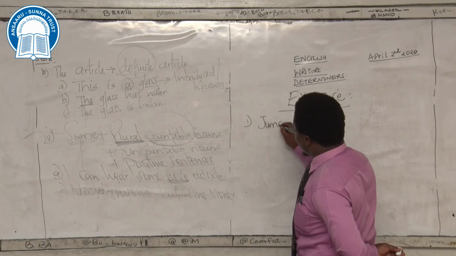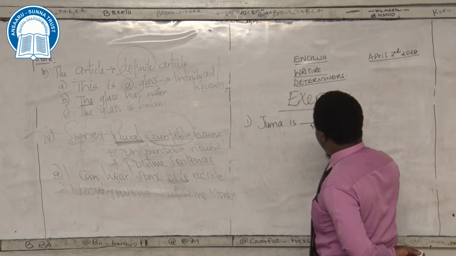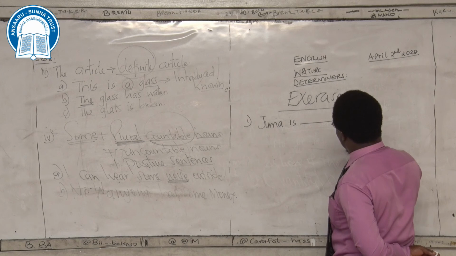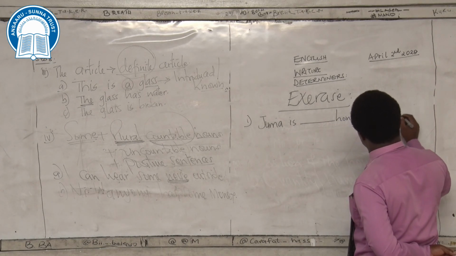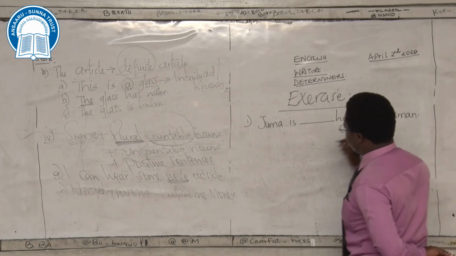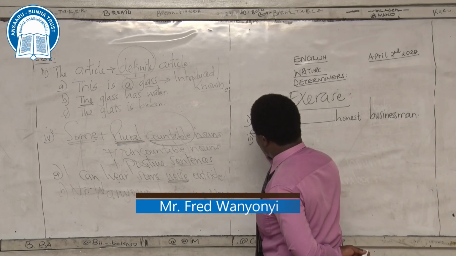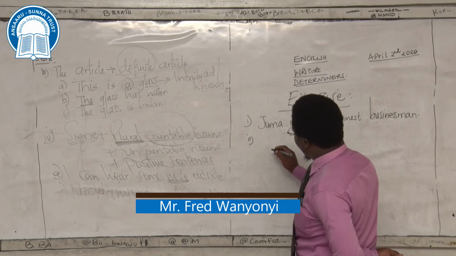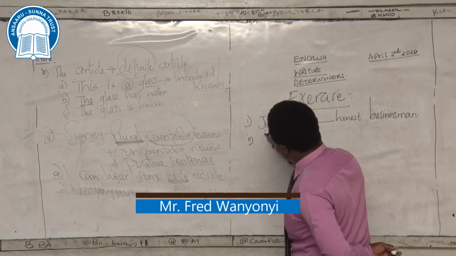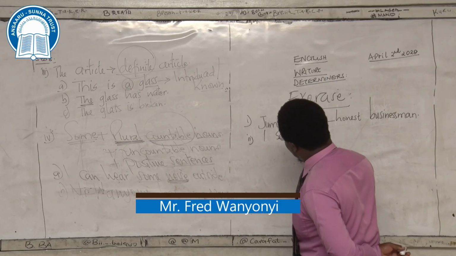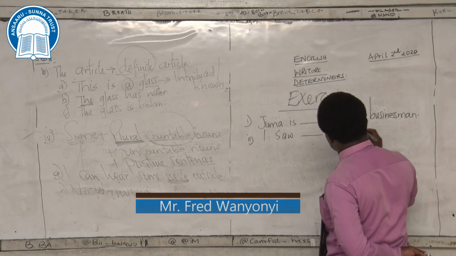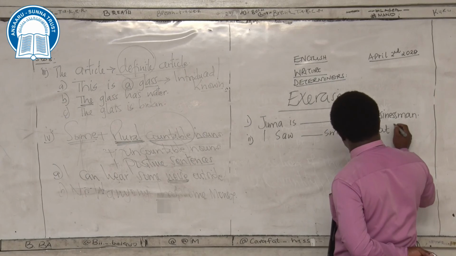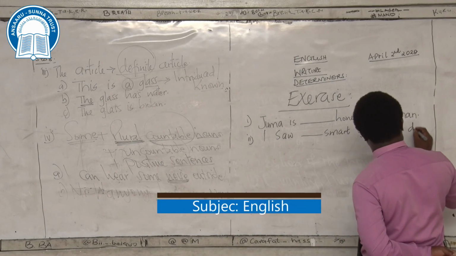Juma is dash honest businessman. 2. I saw dash girl at the door.